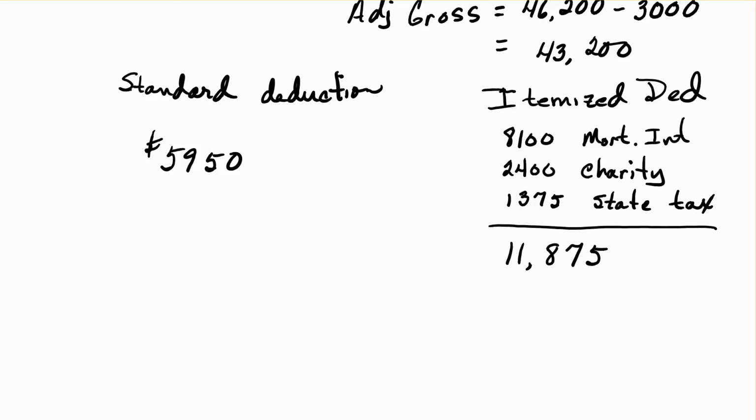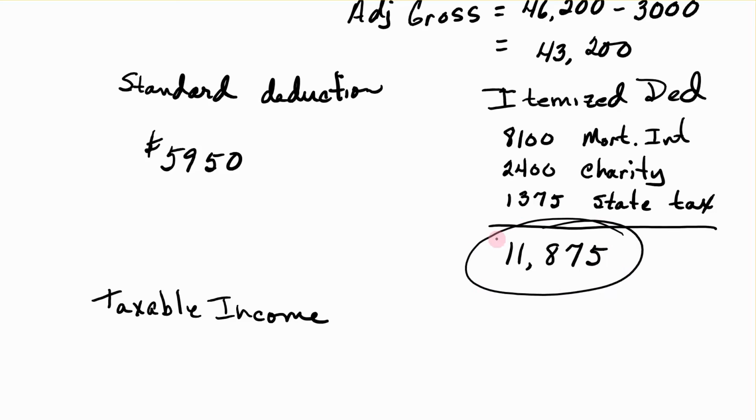So we need to find her taxable income. Now, would you rather get to deduct, which means to subtract, $5,950 or $11,875? And I think everybody would agree that this person should itemize. Lots of years you don't get to itemize.